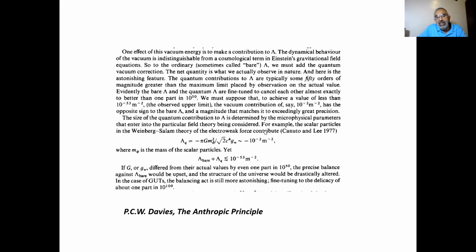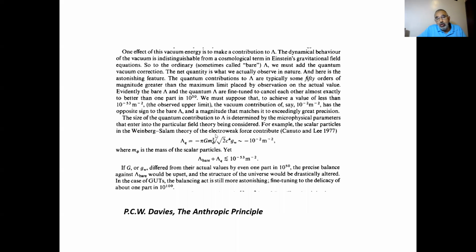And each of these scalar particles makes its own contribution to quantum lambda. So you would have to be fine-tuning the contributions of a whole host of particles. And so he gives the equation for how the electroweak force contributes to quantum lambda.